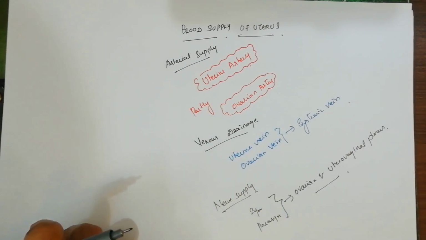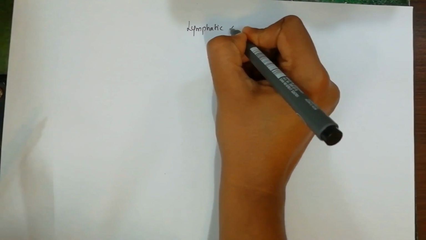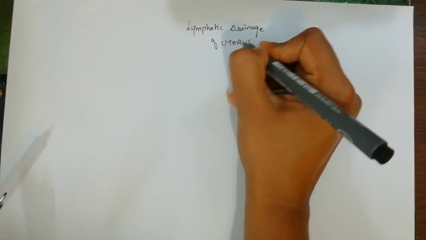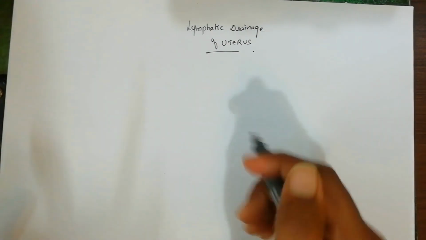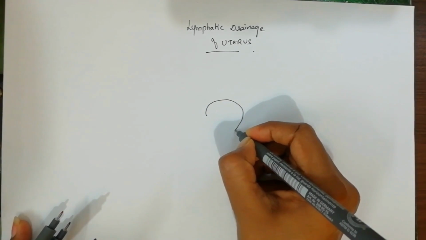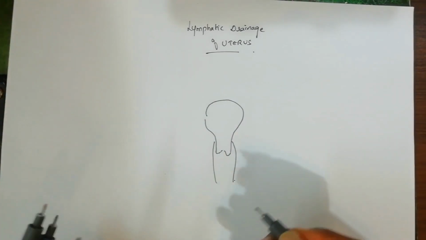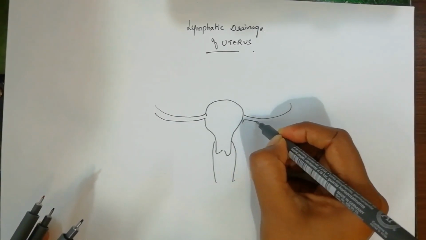Now we will move on to the lymphatic drainage, which is also an important topic in uterus. We will deal with that in a little more detail. So talking about the lymphatic drainage of uterus, again we have got our uterus placed, and in the lateral angle we have got the uterine artery, all details as you know.